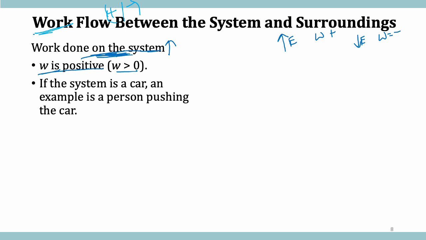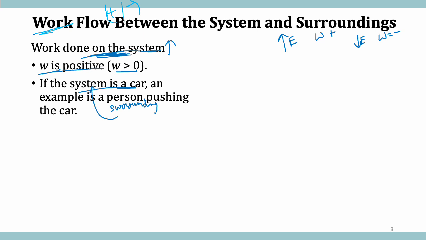For example, if my car is the system, and a person is pushing the car, the person is the surrounding, and the system is the car. Who is doing the work?